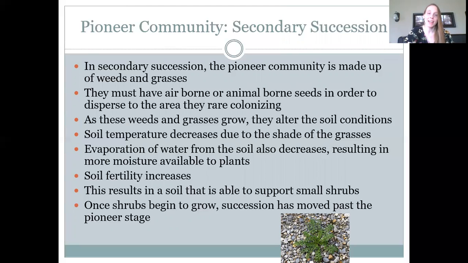And so as that happens, the soil is going to be able to support more other plants. Its fertility increases. And so once that happens, then some smaller shrubs can also move into the area. And as the grasses and weeds that were there die off, again, that gives more nutrients to the soil, which just further increases its fertility.